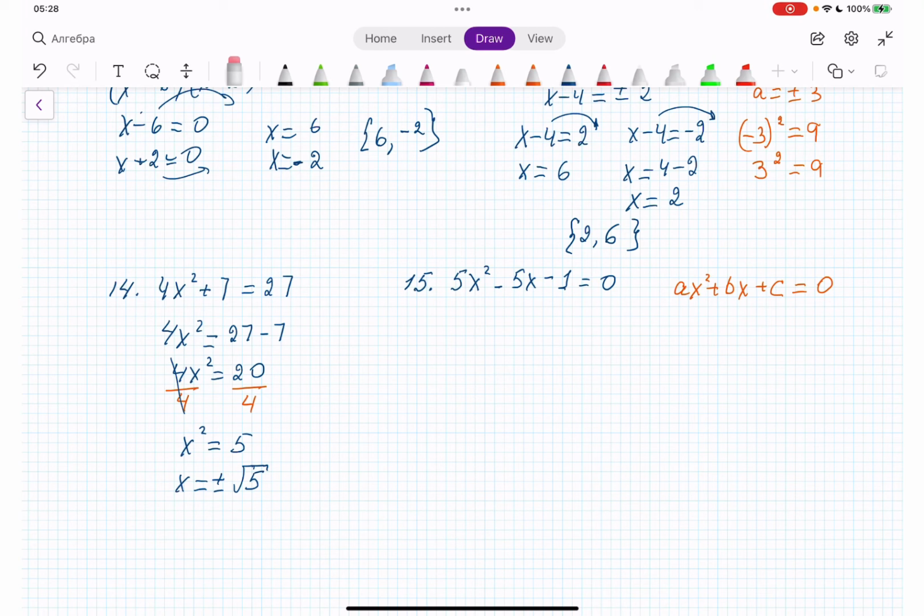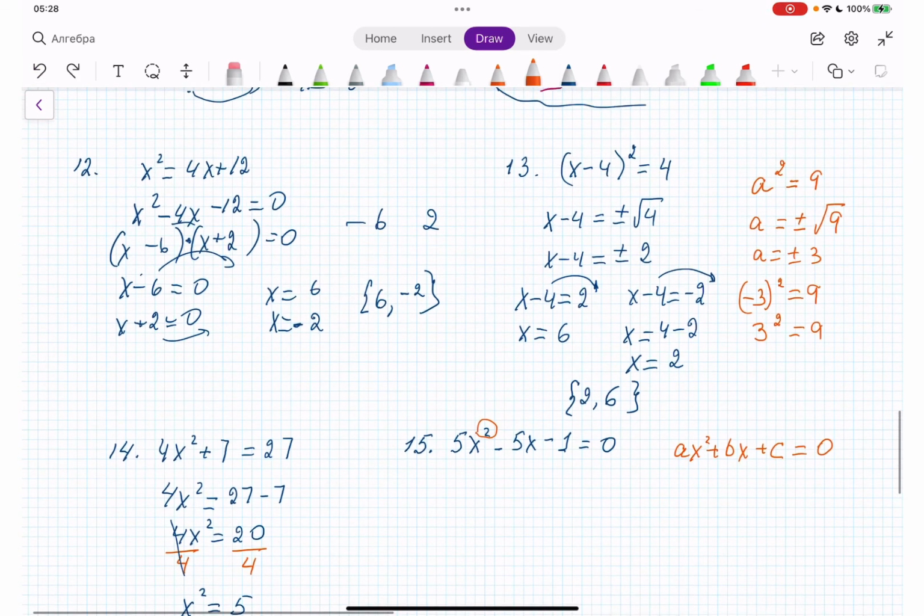How are we going to solve this quadratic equation? One thing I want you to know is that based on the highest degree of the equation, in this case it's 2, we can identify 2 solutions. See here we have 4x squared, we have 2 solutions. Here we also have x squared, we have 2 solutions.